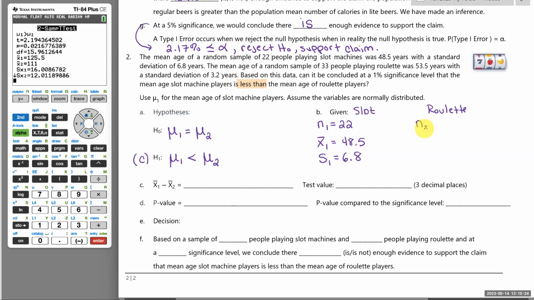All right, and then we got our roulette people. They took a sample of 33 people that played roulette. So for that population, the sample mean, population 2, came out to be 53.5. And the sample standard deviation for people selected from population 2 was 3.2.